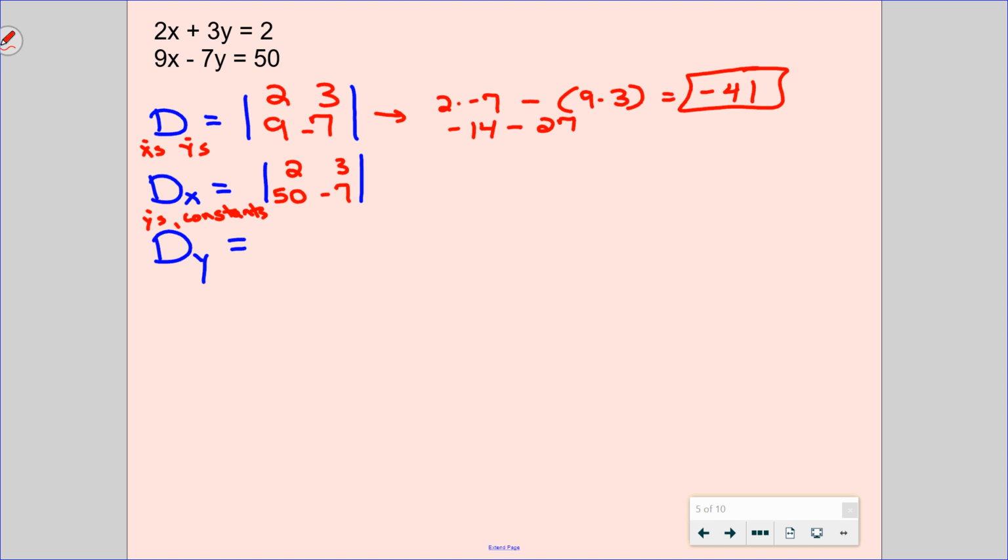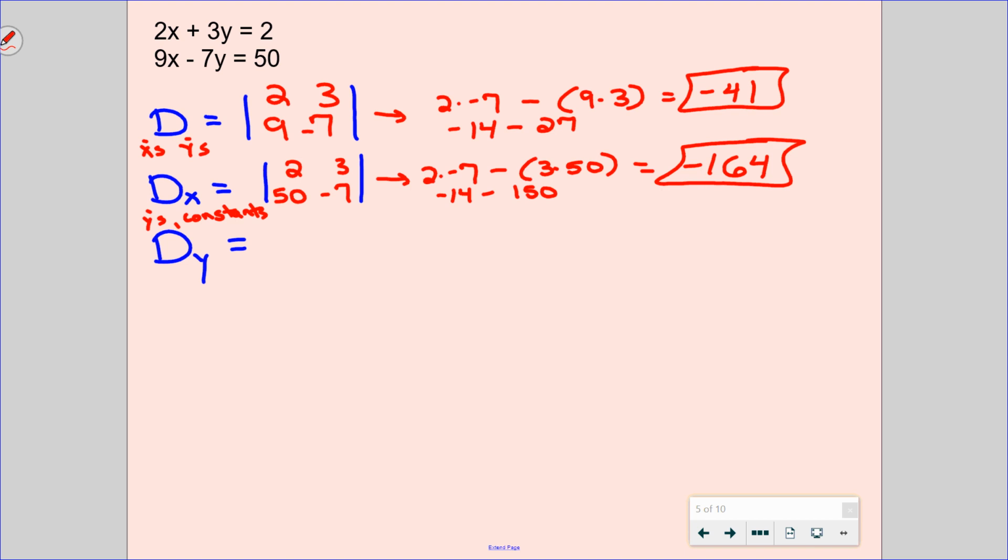Now we can organize our AD just like we typically would, 2 times -7 minus 3 times 50. So you have -14 minus 150, and this determinant is equal to -164.